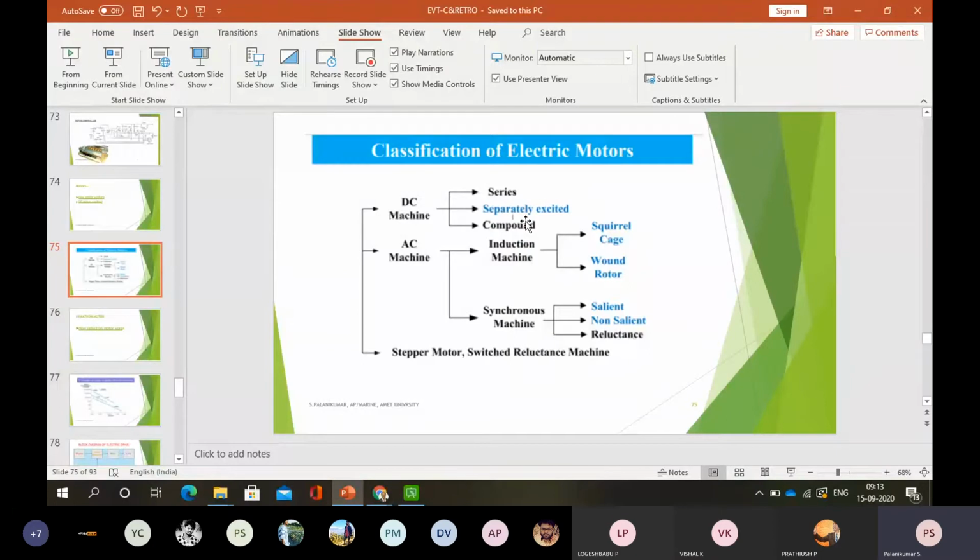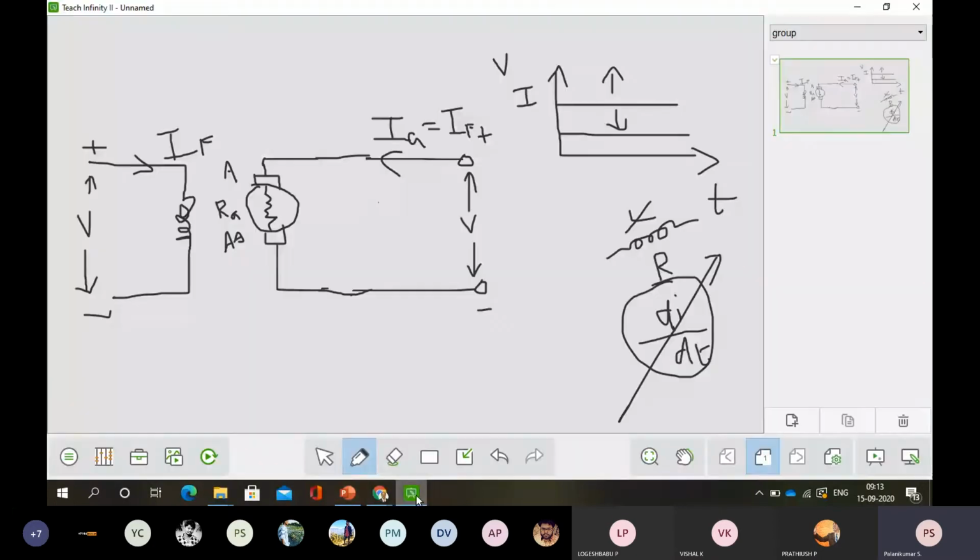What is separately excited? Separately excited is nothing but the field coil is separately excited by a voltage source. It is not electrically connected with the armature coil; the armature coil is separately connected. So it is called separately excited. This portion is called excitation.